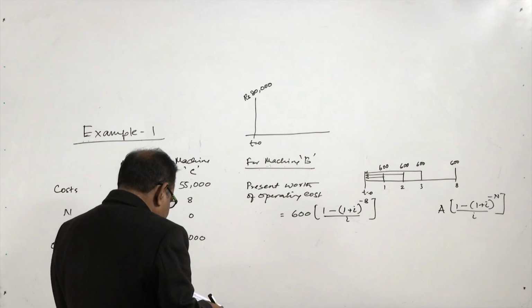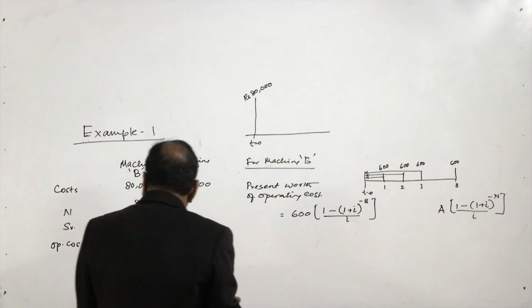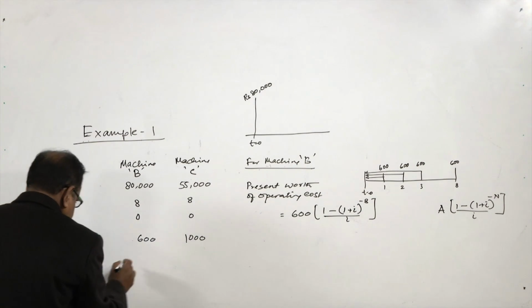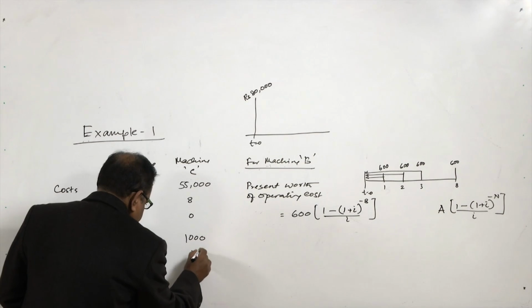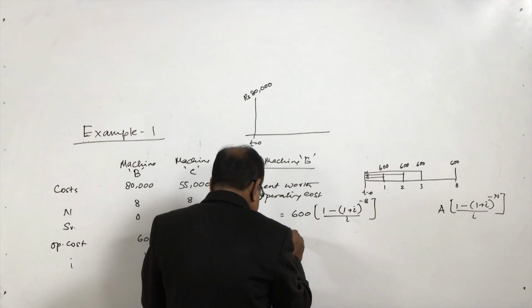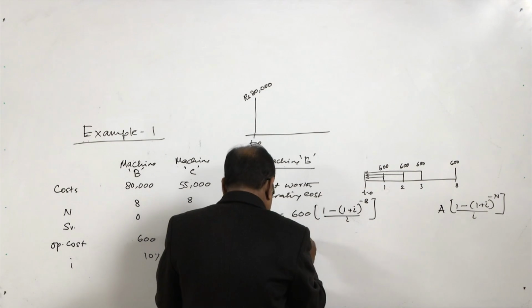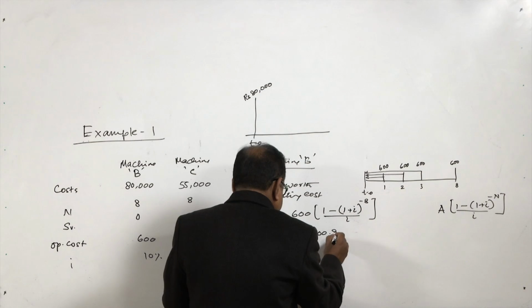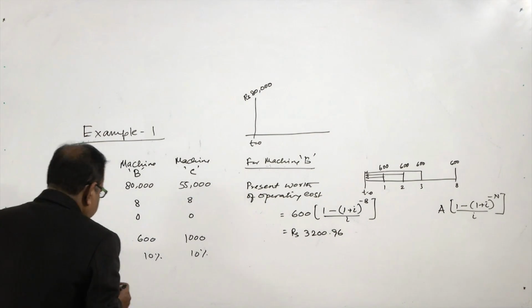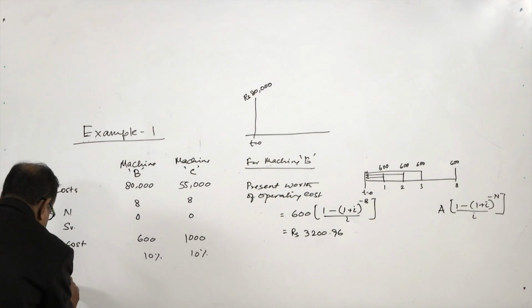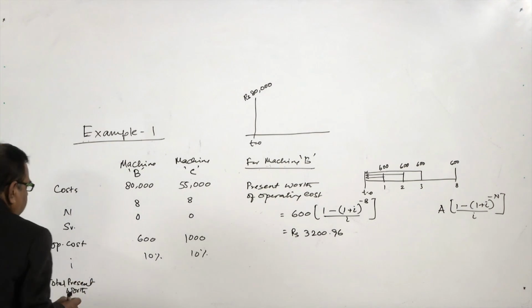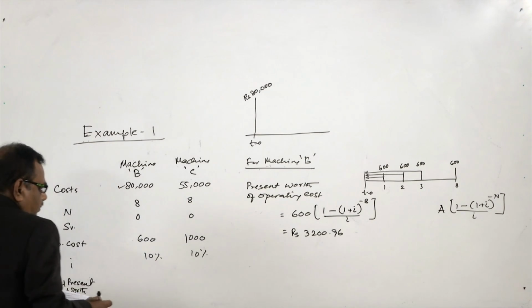Now, if you compute this value, where i is 10%, then this value comes out to be rupees 3200.96. So, the total present worth is this value plus this value.